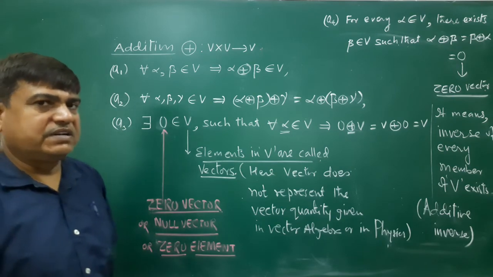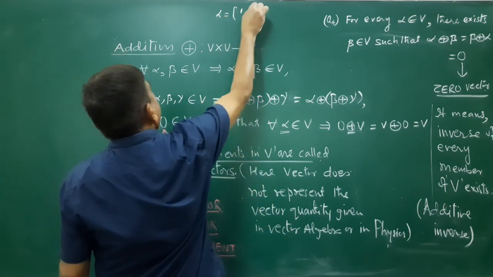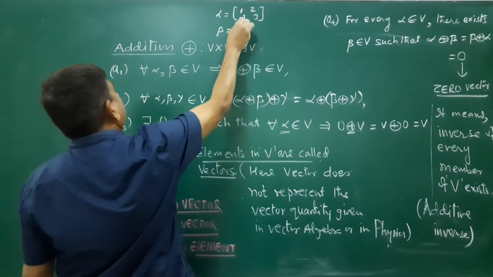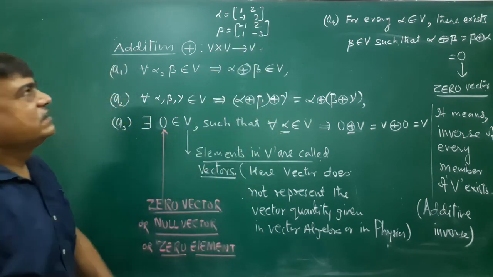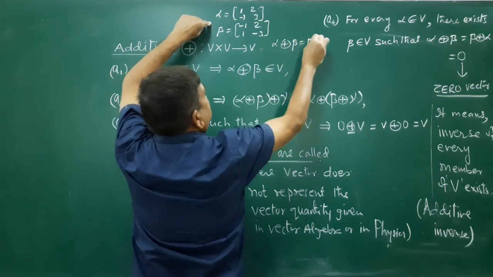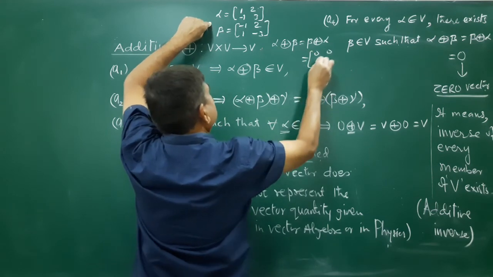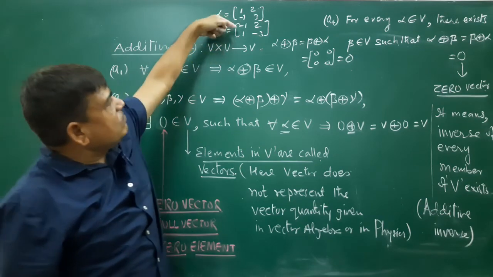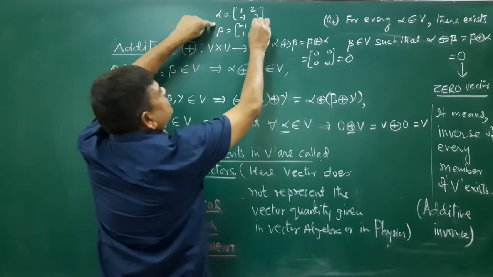You know how to write the additive inverse. If I say alpha is 1, 2, minus 1, 3, then you know how to find beta. When you add these two matrices, you will find the result is denoted by this: 1 minus 1, then minus 1 plus 1, and 2 plus 2 minus 2.